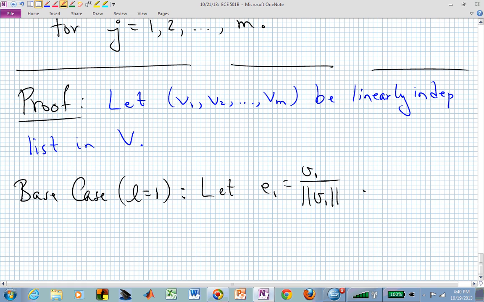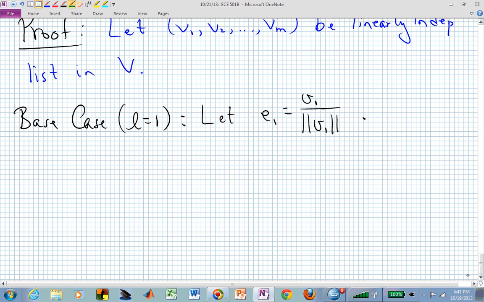And I hope it's clear, all that over the norm of V1, that's just a scaling factor. The direction is still preserved between E1 and V1, which says then that the span of E1, I hope it's clear, is equal to the span of V1. And I hope you can convince yourself that E1 has a norm of 1.